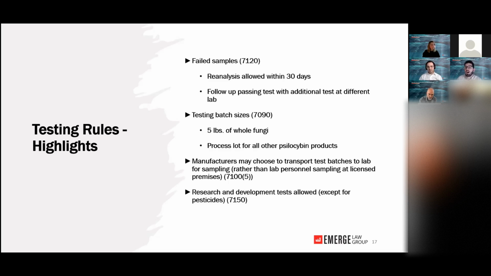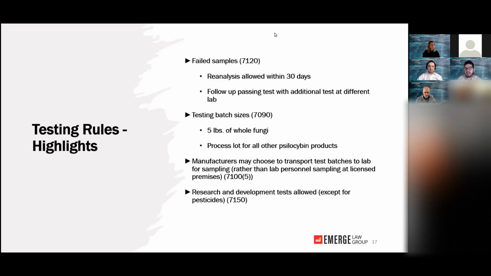Interestingly, and unlike the cannabis testing rules, manufacturers may choose to transport their own test batches to labs for sampling rather than requiring lab personnel to conduct the sampling at the licensed premises.